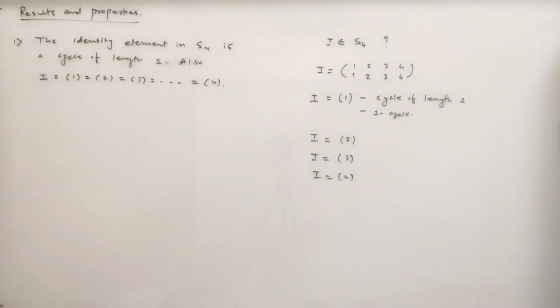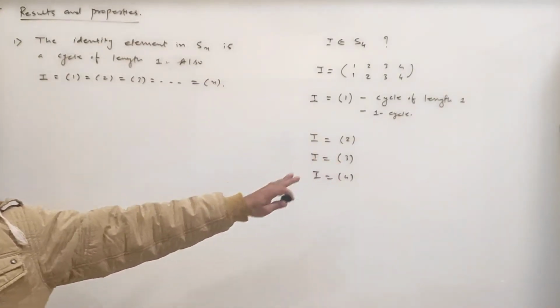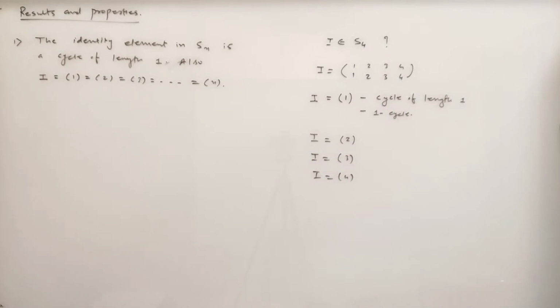So you can write the identity in this way also, right? So this is my first result about this cycle.